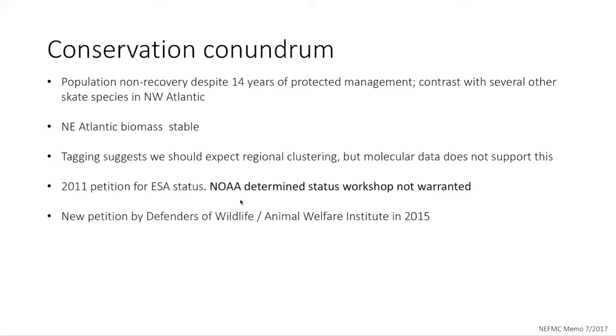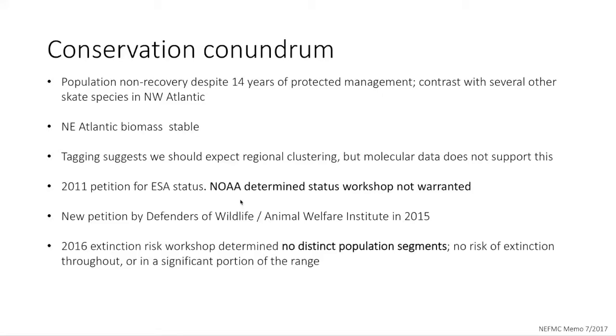And in 2011, there was a petition for ESA status, but NOAA determined that a status workshop wasn't actually warranted. There was a new petition by the Defenders of Wildlife and Animal Welfare Institute in 2015 to protect the northwestern population.